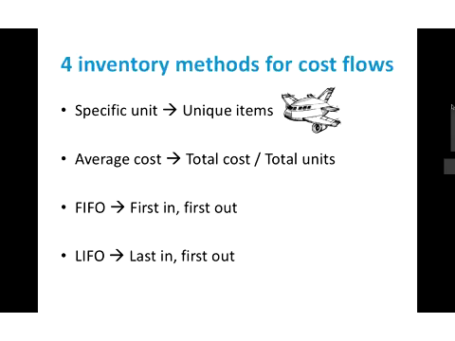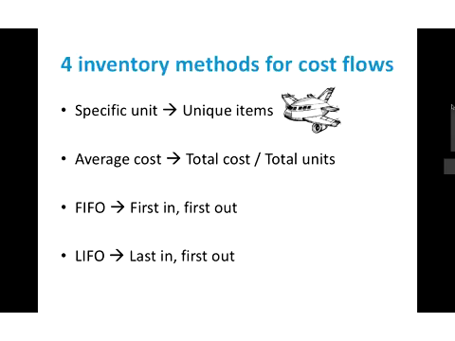First of all, specific unit is anything high-end that has a serial number, so I was just picking aircraft. Specific unit is weird, and it's the only method that the product dictates. You can only use specific unit if you have a high dollar product that is unique. Each one's unique, and you can track them individually.